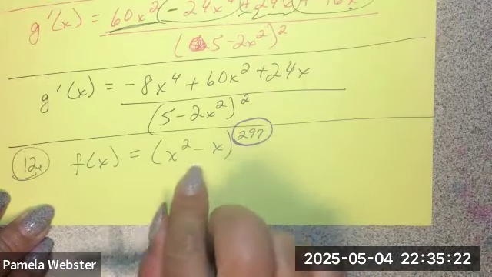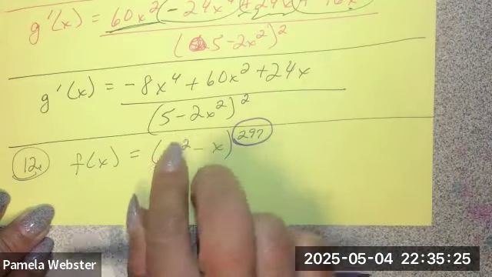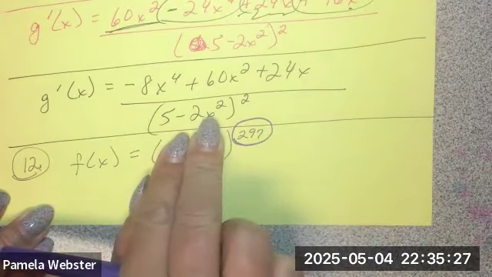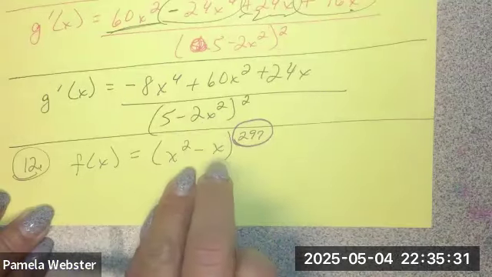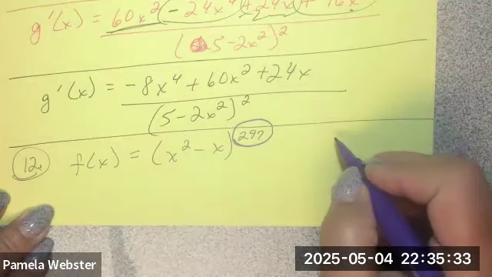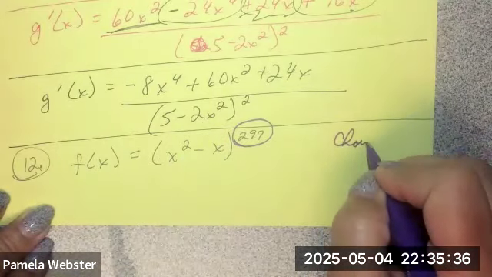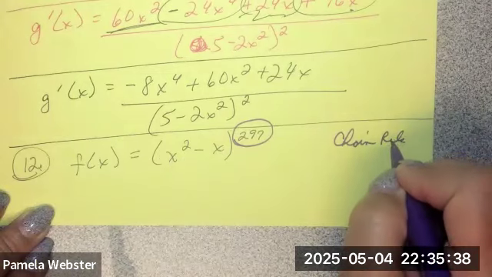So we're just going to use, oh, by the way, this looks like a power rule, but then there's some stuff on the inside of my power rule, right? If it was just x to the 297, it would be a straight up power rule, but it's got some stuff. So what rule is this? Chain rule, right?